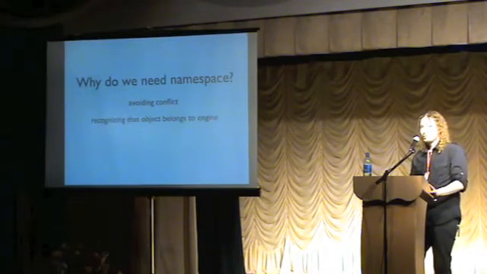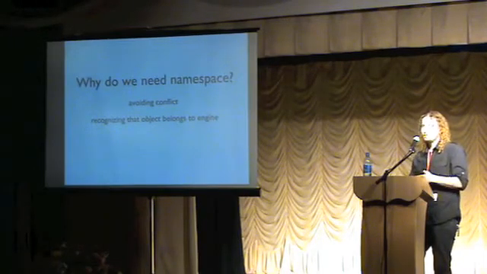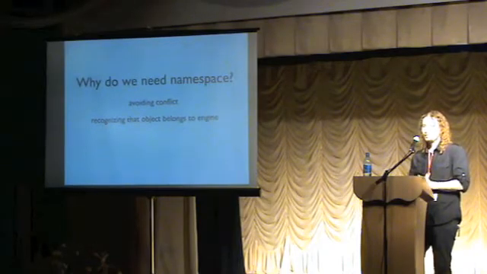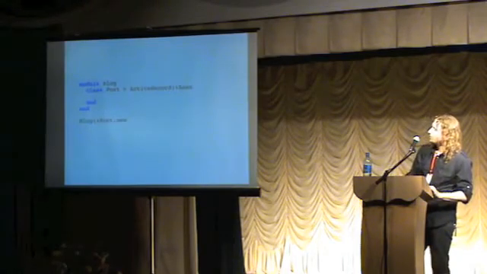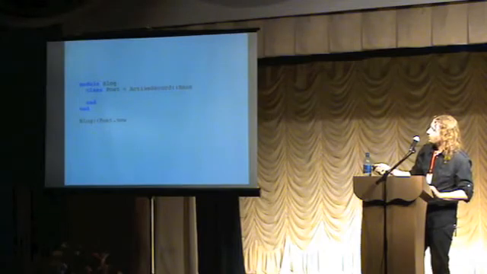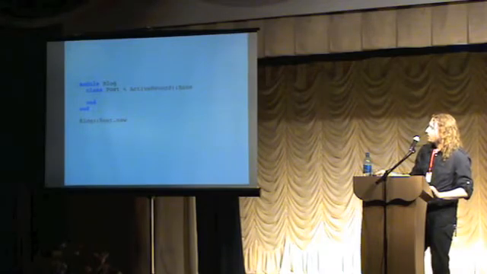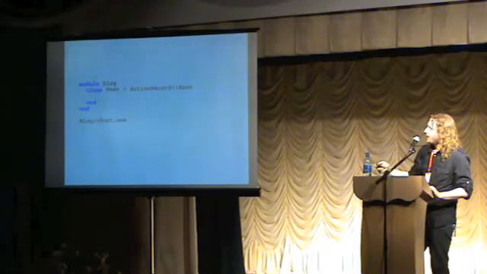The other very important thing is that you need a way to say that, for example, a model is from the engine, so we can do some tweaks to make the communication easier. Here is a model that is inside the namespace Blog. You can see module Blog and class Post. And now when we say Blog::Post.new, we can tell that this model will be from the engine, not from the application.